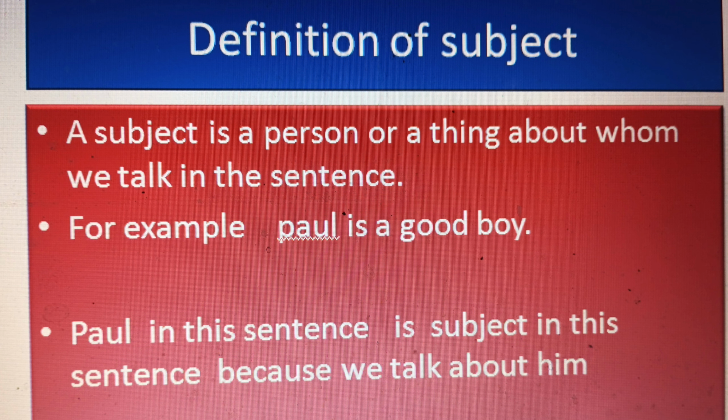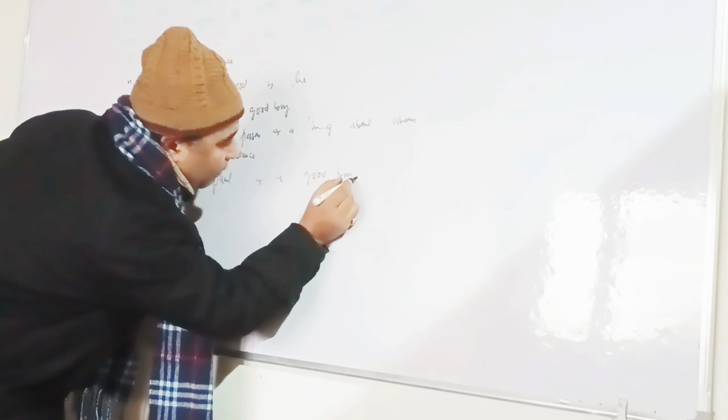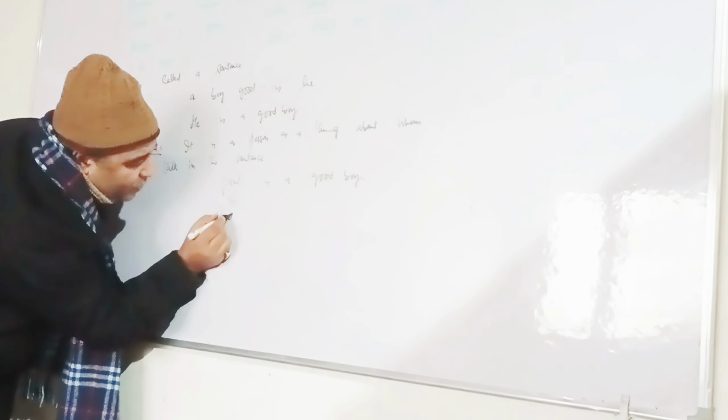For example, let's see, Paul is a good boy. Paul. Who is Paul? We are talking about Paul, and Paul is the subject.